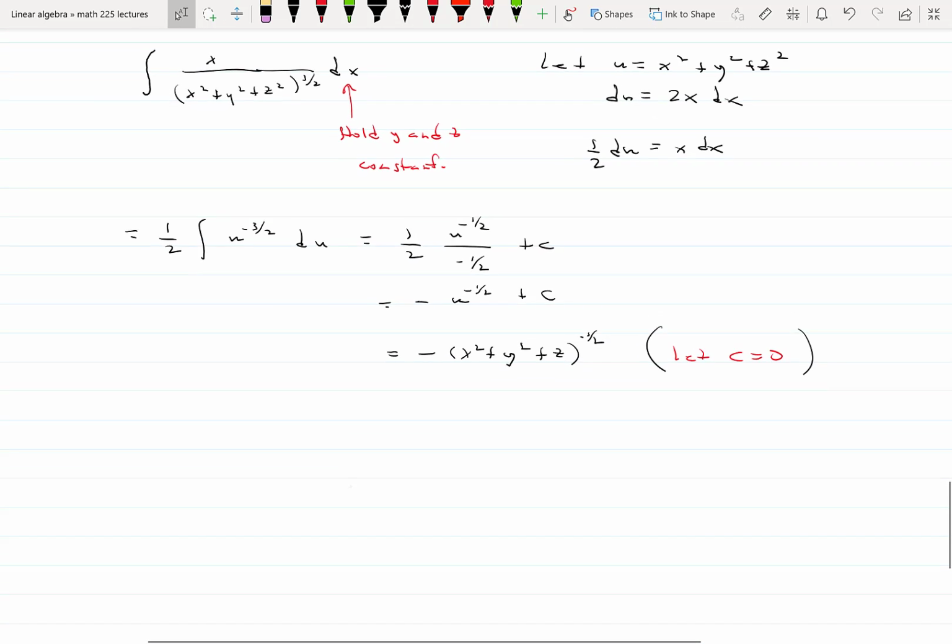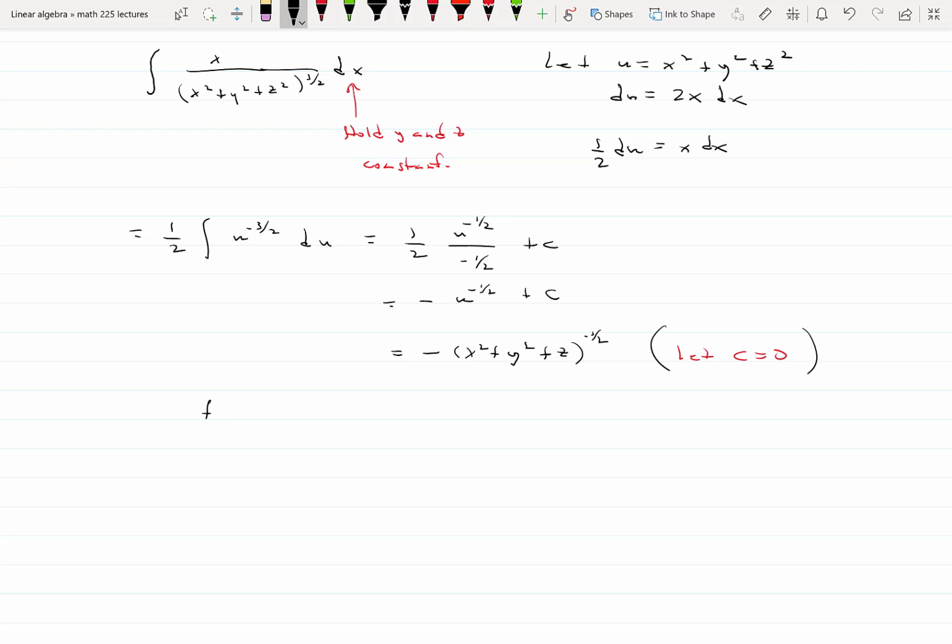Now notice I found that f of x, y, z, a potential function, not the potential function, there's many potential functions. Remember we ignored the constant, so it is G big M small m over (x squared plus y squared plus z squared) to the 1/2 power.